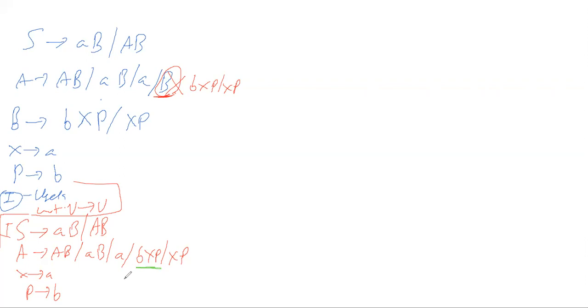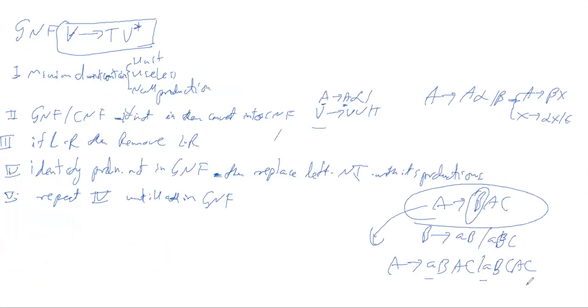Oh sorry, that is also in GNF. So in this grammar, all the productions are either in GNF or in CNF. Now, next is the third step. Let's see what the third step is. The second step we can skip because it is already in GNF or CNF.